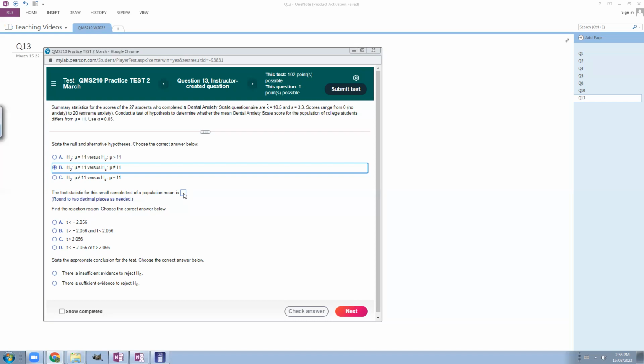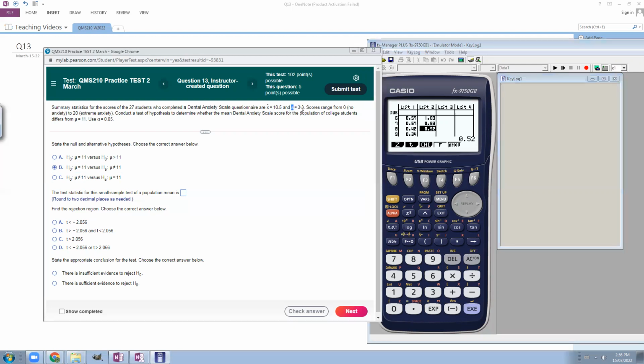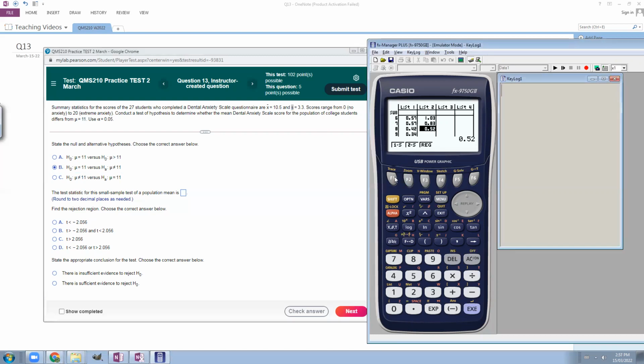So now we're supposed to find the test statistic and the rejection region. The test statistic we find by going to test. Now, is this Z or is it T? Well, we've been given a sample standard deviation S. So this is T. One sample, we're going for not equals, that's the alternative.